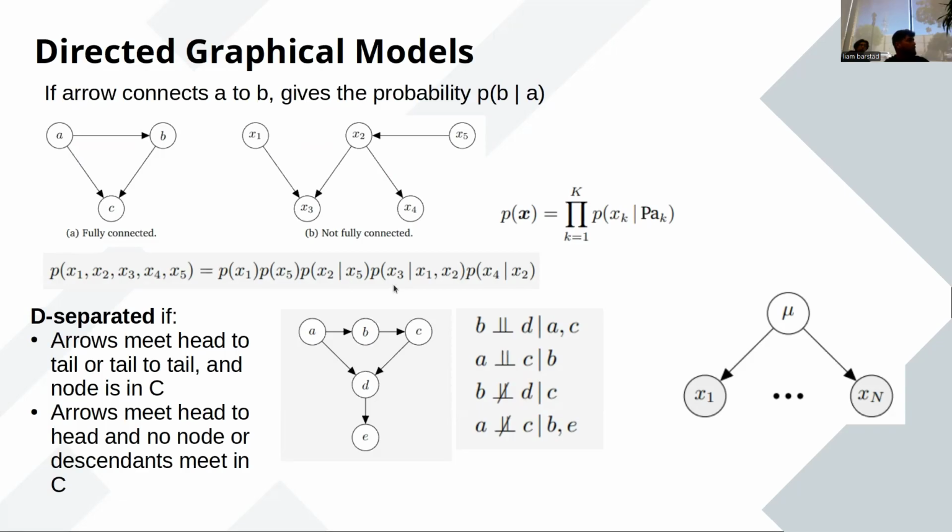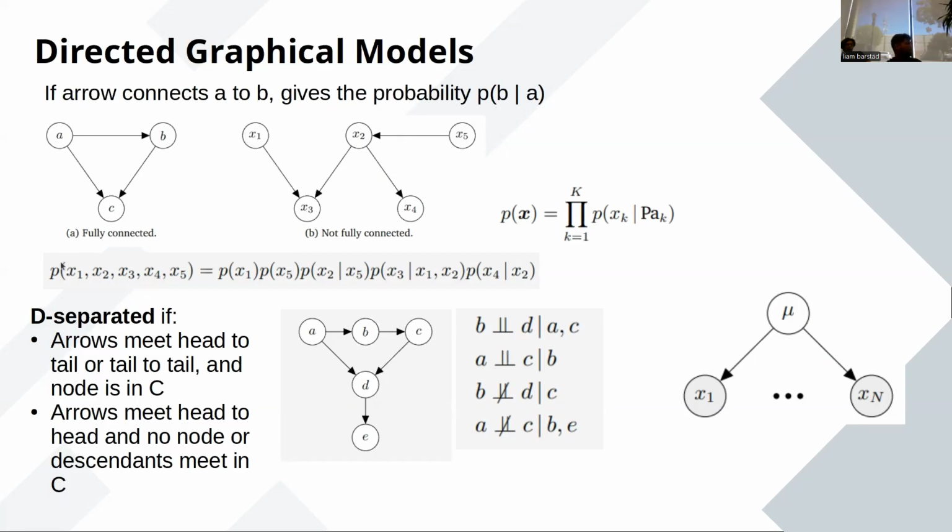So they also gave this idea of representing probability distributions as a graph. So in this case, we have this x3, if you can see that, depends on x1. X3 depends on x2. You could say that this arrow gives the probability of x3 given x1.